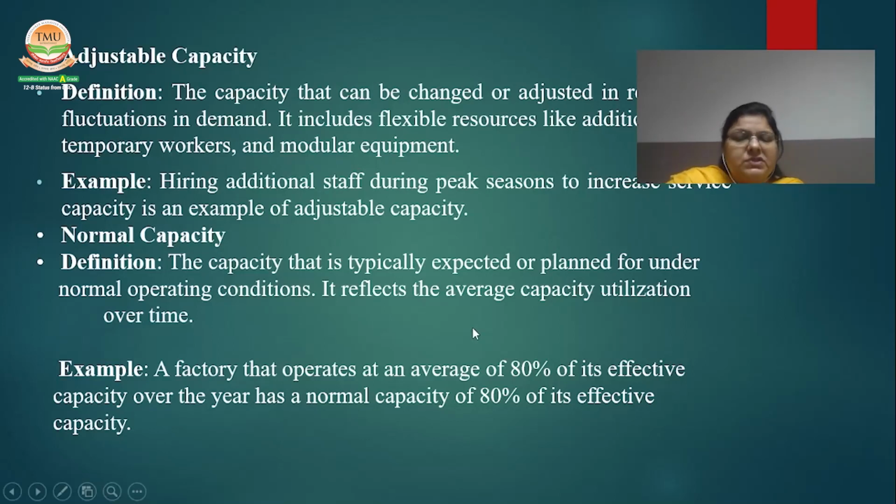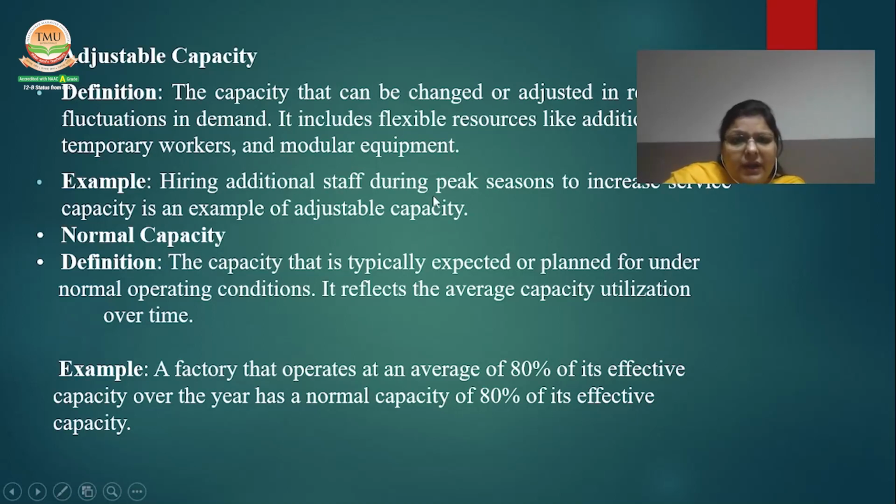Suppose you have the same machinery and the same workers, and you have to make two modular kitchens in the same service timing. Are you capable of making two kitchens in the same day? If you are not able, that is your adjustable capacity. You have to adjust your work as per your capacity, so that we can establish two modular kitchens in one day.